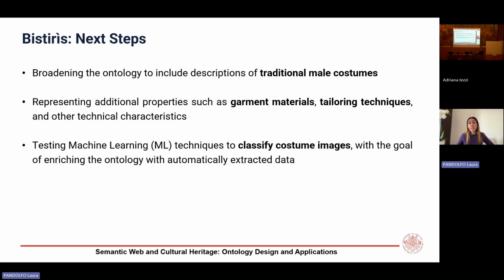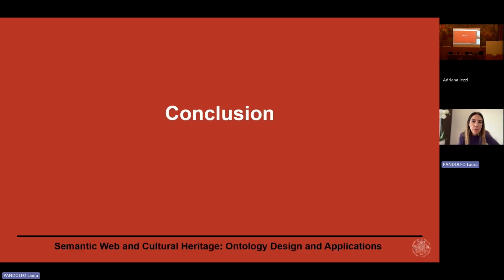And lastly, we are exploring the use of convolutional neural networks to classify costumes from images. This will help to automatically extract data and to support the growth, the population of the ontology.